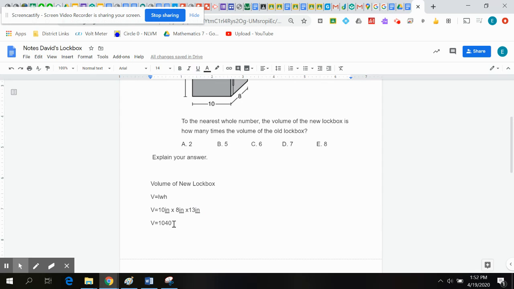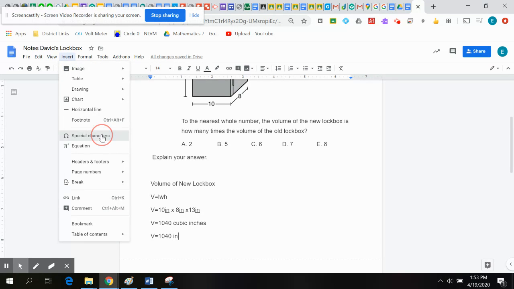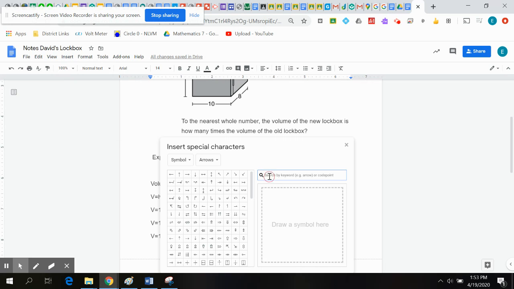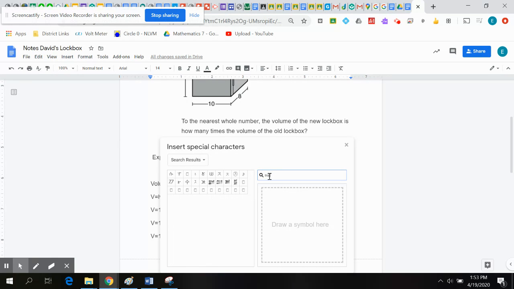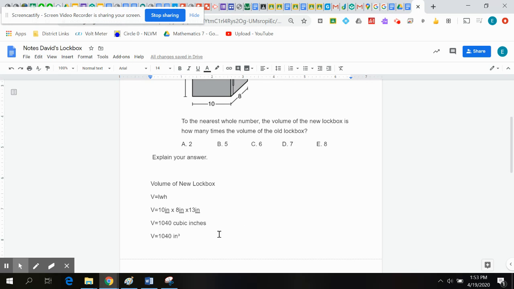So you could write cubic inches, or let me show you where to find inches to the third in your computer. So volume equals 1,040 inches. If you come up here to insert special characters, and you wouldn't know this unless someone told you, if you type superscript, you'll see to the third power right here. Okay. Press it and it should show up.